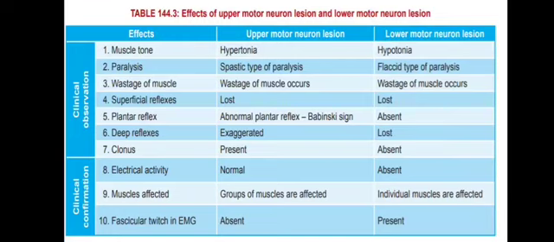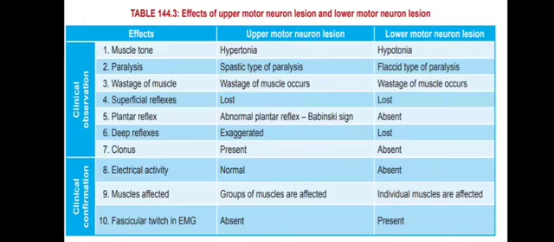The first is clinical observation and the next is clinical confirmation. Here are the effects, and what will happen if an upper motor neuron lesion or lower motor neuron lesion happens. In case of muscle tone, when an upper motor neuron lesion happens, it is hypertonia. In case of lower motor neuron, it is hypotonia.